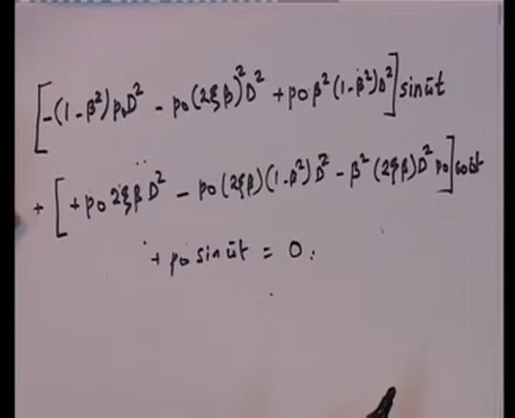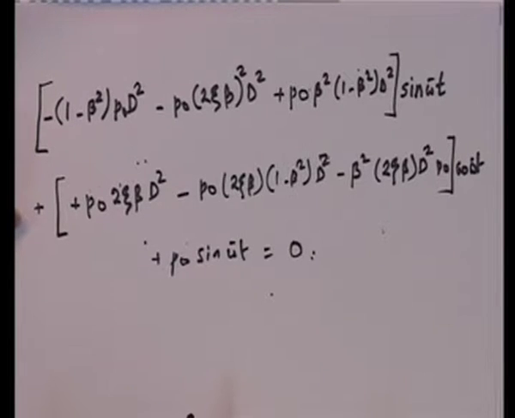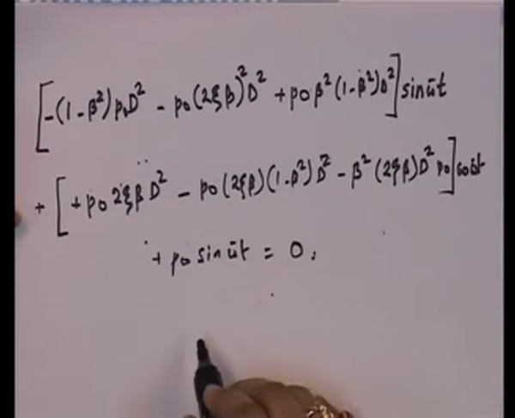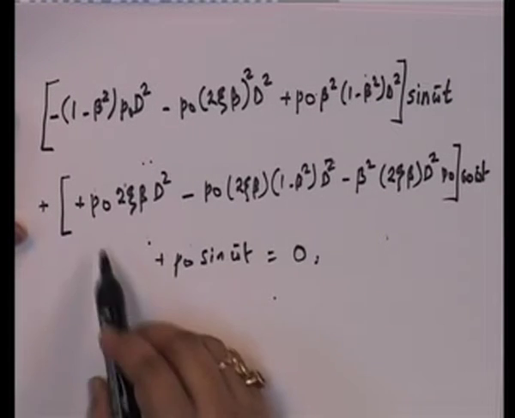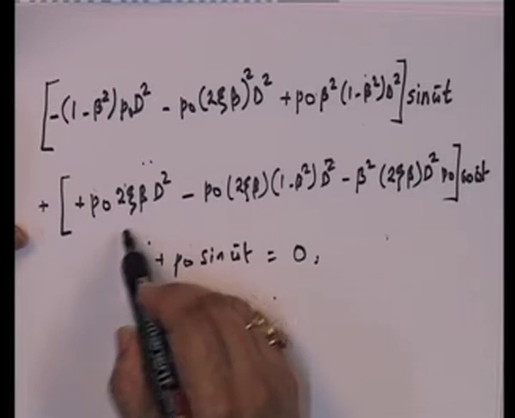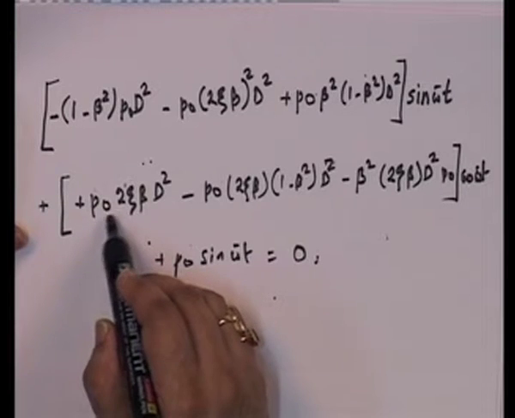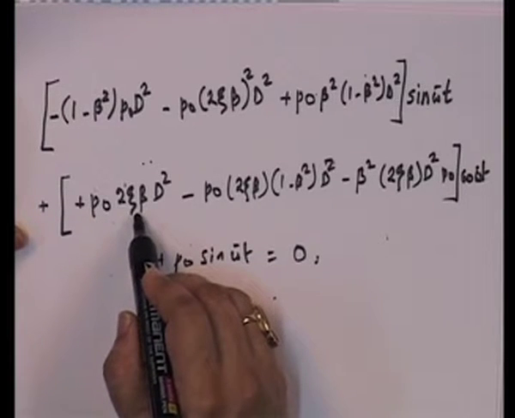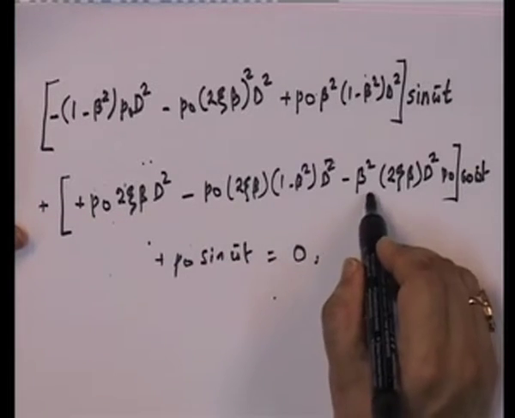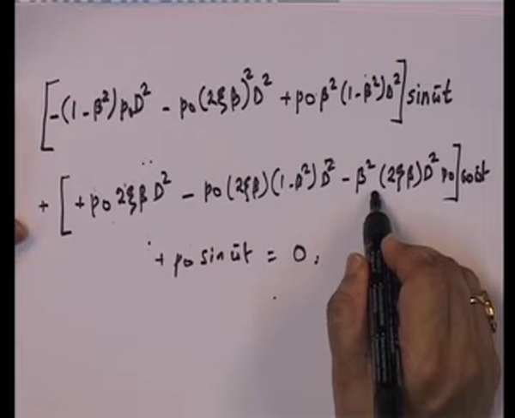If I look at it, what I get here is the following. This particular term is 1 into 2 xi beta minus beta squared into 2 xi beta.